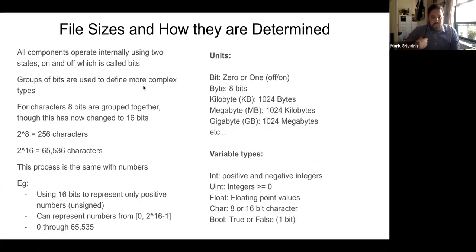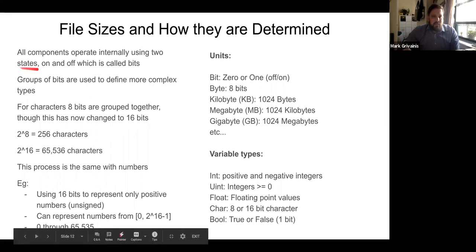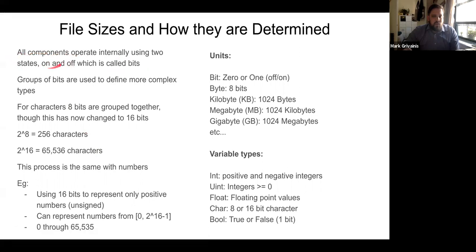Okay, so the last thing we're going to look at is just file sizes. So this is quite detailed, and it's not something you have to be too worried about at this stage, but it is something you should be aware of. So the way this works is that computers use 2 different states to store information. So on and off, and one unit of on and off is called a bit.